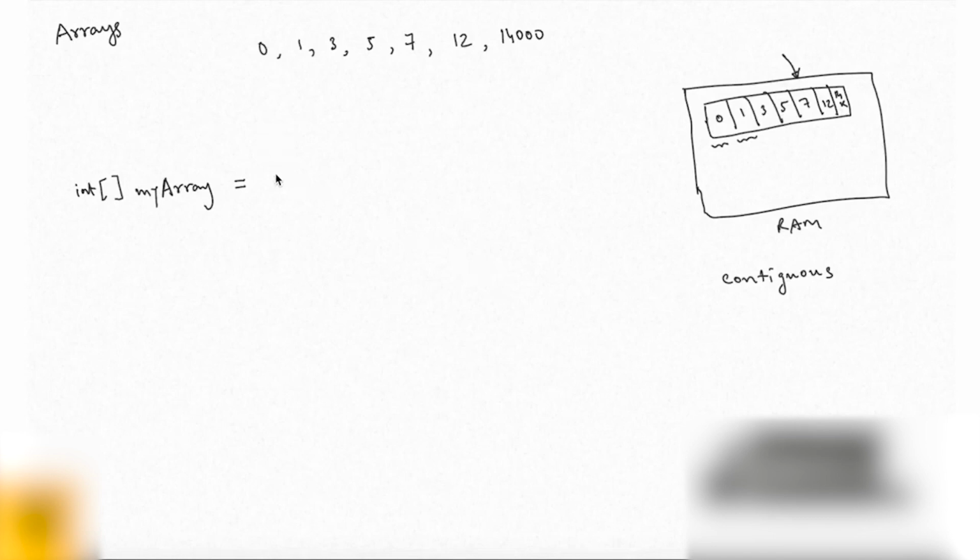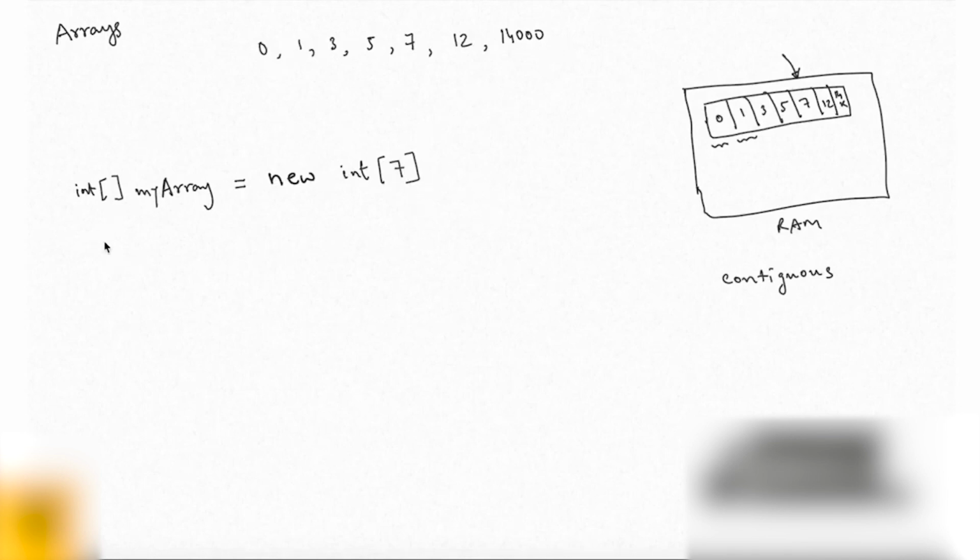In order to define our array, what we need to do is at first say new, which is a keyword that allows us to create a new array. And then we say int, and inside the square brackets we say how long we want our array to be, how many elements we want it to be able to store. Right now we have 7 elements that we want to store, so we would say 7.